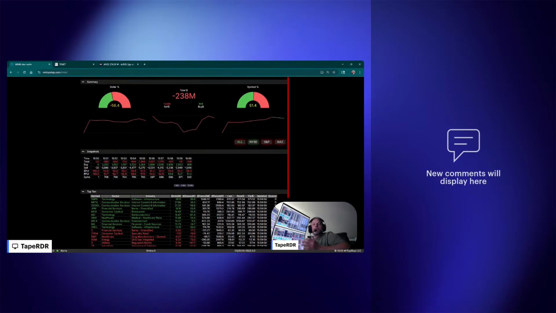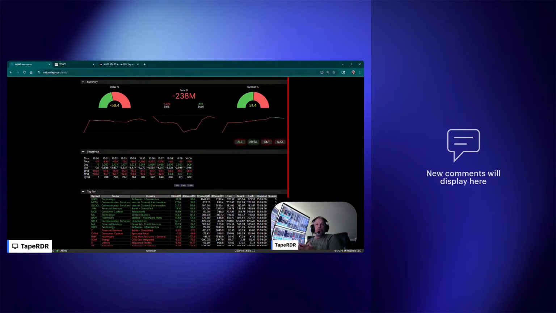So, what is MOC? MOC is an acronym, and it simply means market on close. A lot of people don't know that at the end of the day, on all the exchanges, I don't care what stock exchange a stock trades on, there is a closing print that is done, a final print that's usually pretty large.